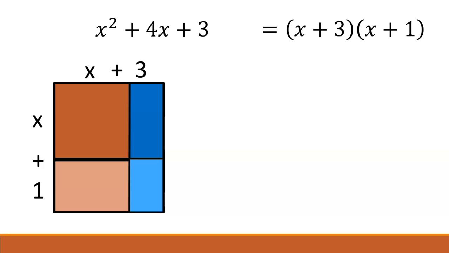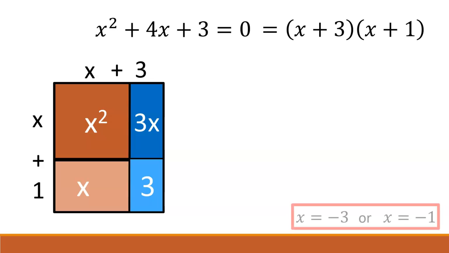If we find the area of each of the smaller rectangles, x times x is x squared, x times 3 is 3x, 1 times x is x, and 1 times 3 is 3, we have the area of the large rectangle, which we know is supposed to be 0. But with the variable in there, we really don't know what the area is. Or do we? We know that for our solutions, x is either negative 3 or x is negative 1.